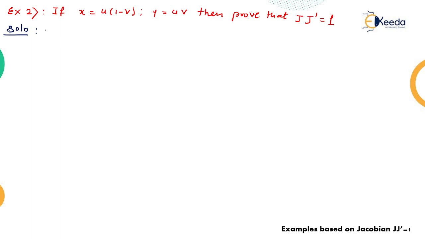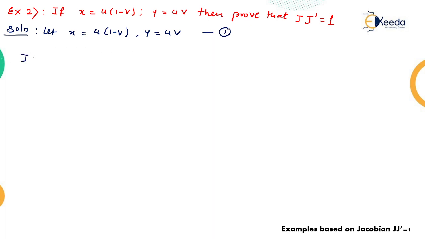Given that x equals u(1 minus v), y equals uv. For consideration, we call that equation number 1. So immediately we have to apply the definition of Jacobian.